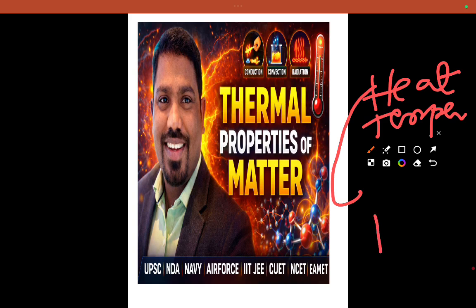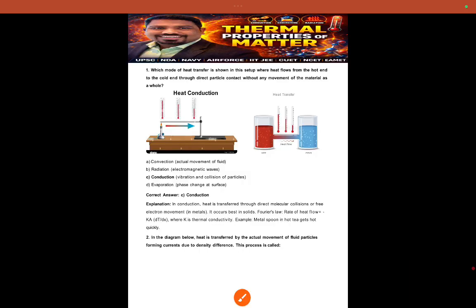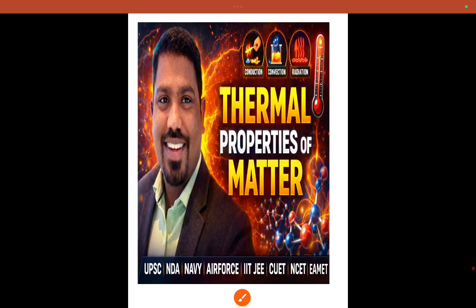For example, when you hold an ice cube in your hand, you feel a sense of cool. Similarly, when you hold a hot iron rod, you get a sense of hotness. So the sense of hotness and coldness comes from the concept of heat.